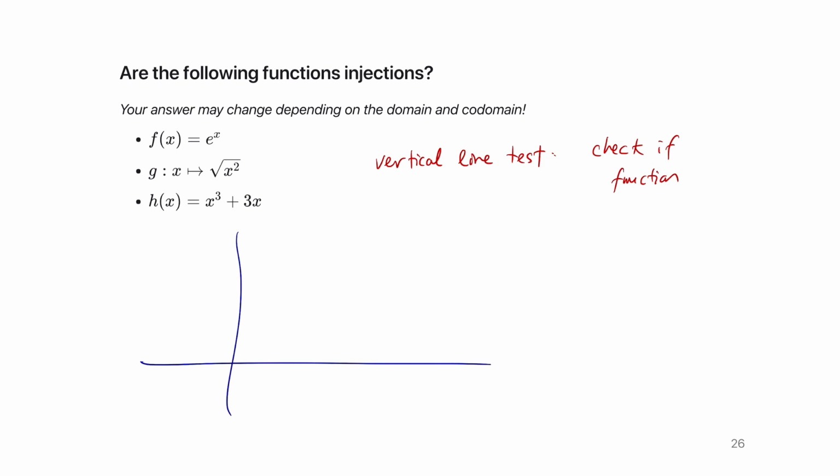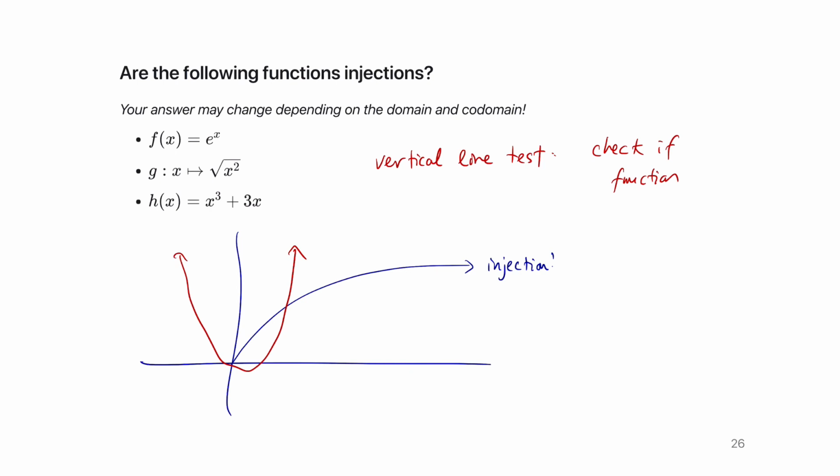Okay, so is that function an injection? The one I just drew? Yes. Injection. But is that an injection? No, because it maps multiple inputs to the same output.